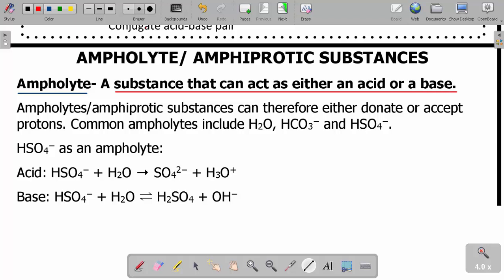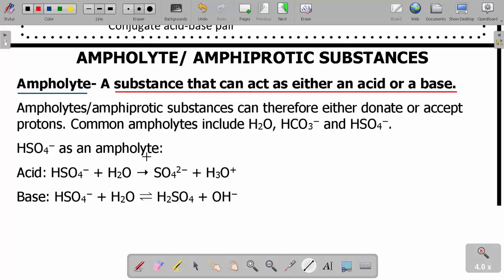So after acting as an acid, it can again act as a base, as we are going to look at in the examples. In other words, the ampholytes or amphiprotic substances can either donate or accept protons. So note two things, that they can either donate or accept a proton.